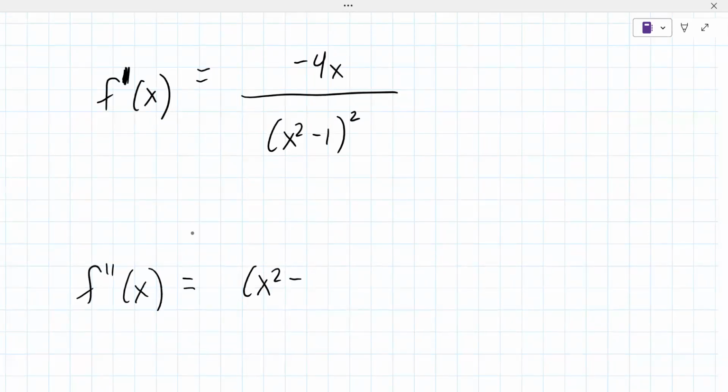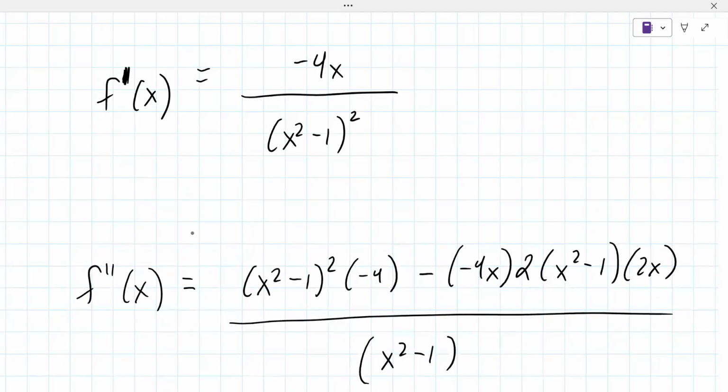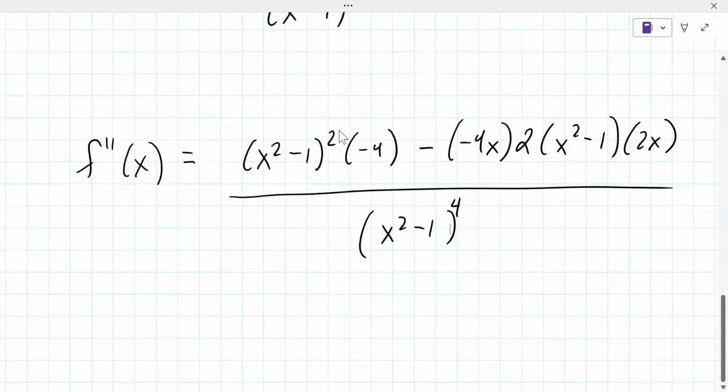It's the bottom times the derivative of the top minus the top times the derivative of the bottom, which is a bit more involved, but you can follow that if you want, over the bottom squared. So it's now the power of 4. This requires much more sophisticated algebra. You have to see that you can factor out an x squared minus 1 from both.